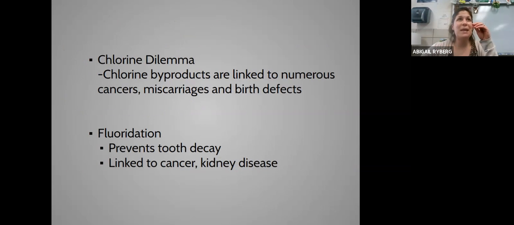So I mentioned that our water is treated with chlorine. There's a big chlorine dilemma. People don't want to use chlorine because even small amounts of chlorine have been tied to certain types of cancer, miscarriages, and even birth defects. And then the other thing that's added to our drinking water intentionally is fluoride.